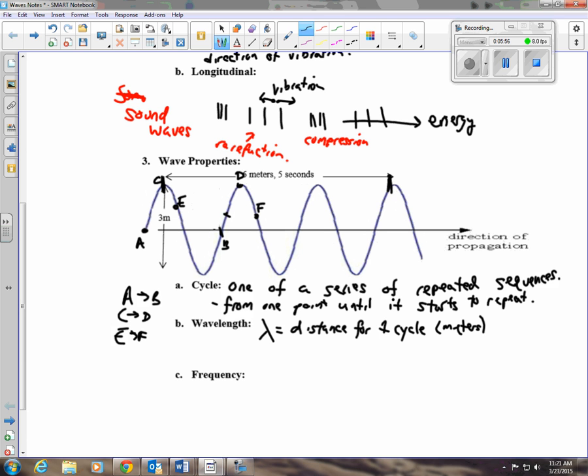How many cycles is that? One cycle, 2 cycles, 3 cycles. So for the example we're given, we have 3 cycles. It's 6 meters. Well, how much is each cycle? Each cycle would be 2 meters. So the wavelength is 2 meters. So from there to there is 2 meters.